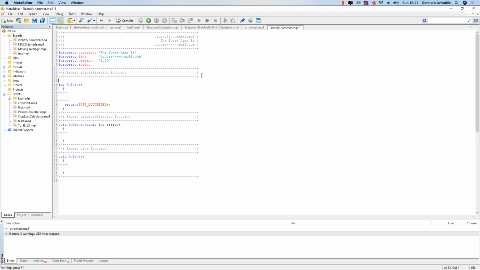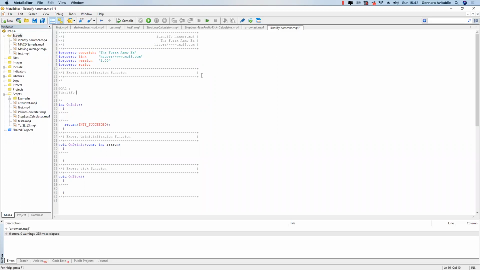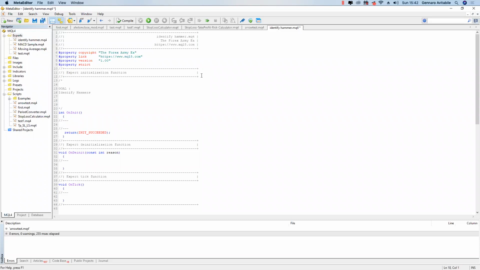So let's comment this out and write in here what we want to do. Today's goal is going to be to identify hammers. We already know the structure of a hammer: we need to talk about the lower shadow.